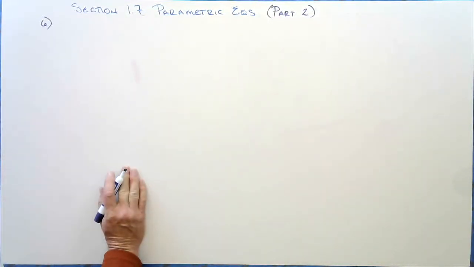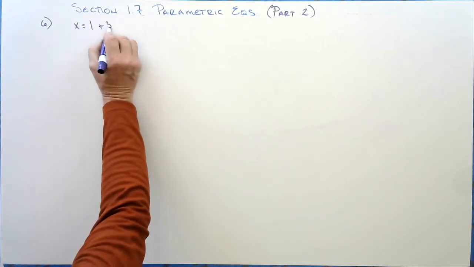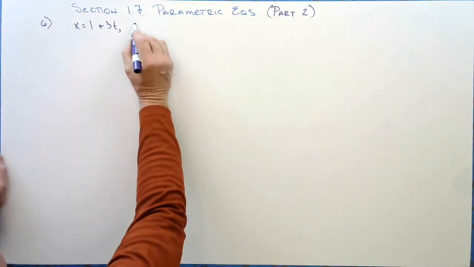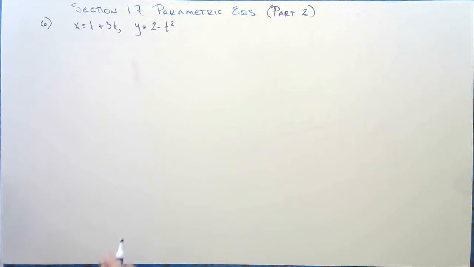So in number 6, we're given the parametric equations x equals 1 plus 3t and y equals 2 minus t squared. Once again, we're asked to plot this and to use an arrow to show direction. I'm not going to do that. That's just plugging in points.